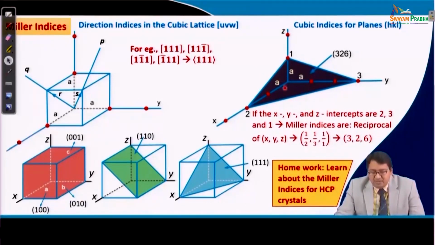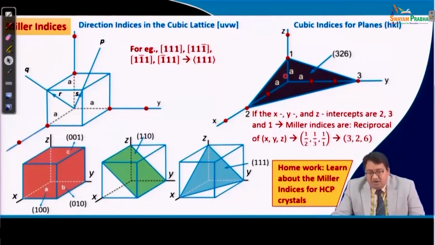Say for example, we have the x, y and z directions with atoms present at equal distance in x, y and z, and say we are talking about a plane which is meeting the second atom in the x direction, the third atom in the y direction, and the first atom in the z direction.